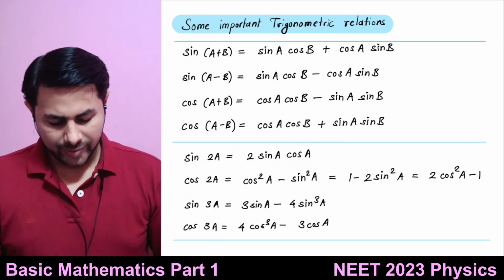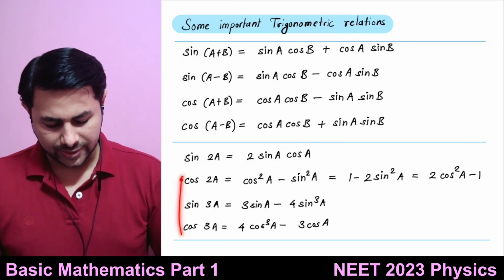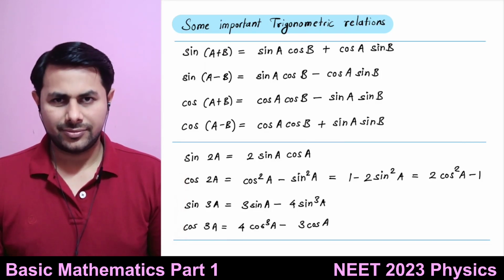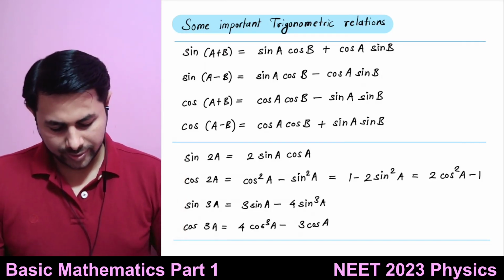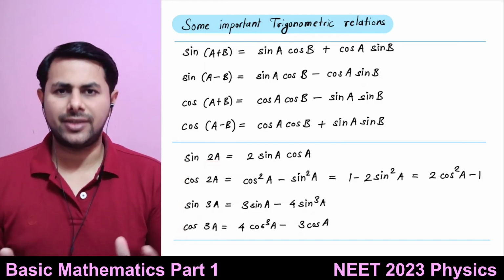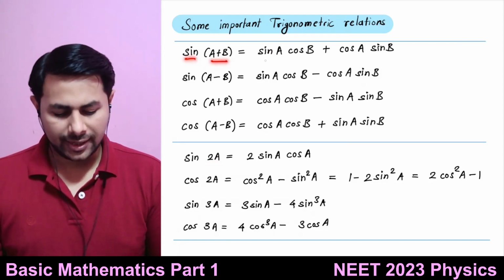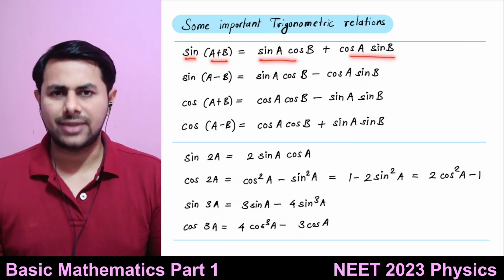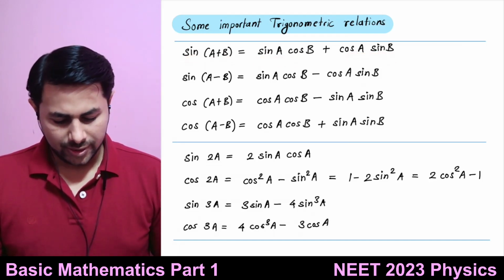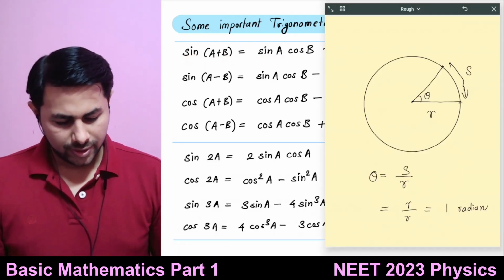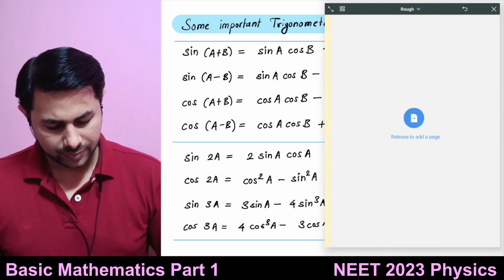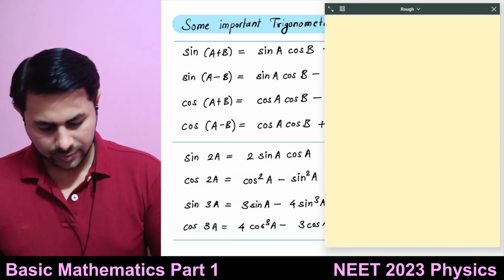All right. But let's say you forget these. So you can find out how. So what is 2a? It is a plus a, right? So you know the formula for sine of a plus b. It is sine a cos b plus cos a sine b. Okay. So what will be sine of 2a?